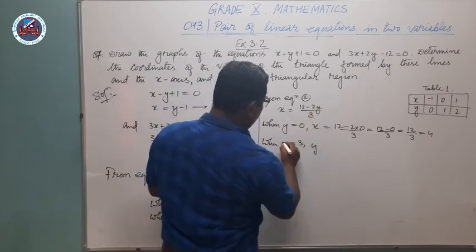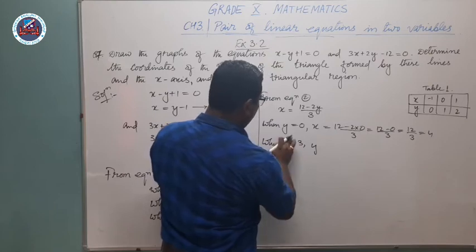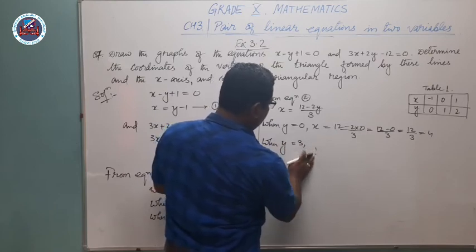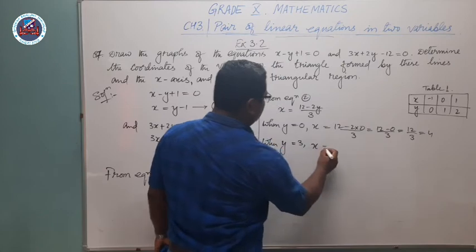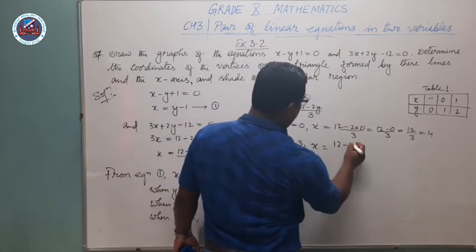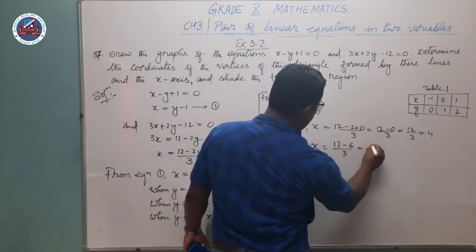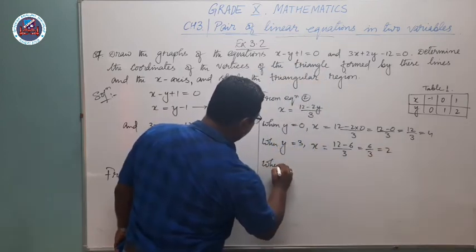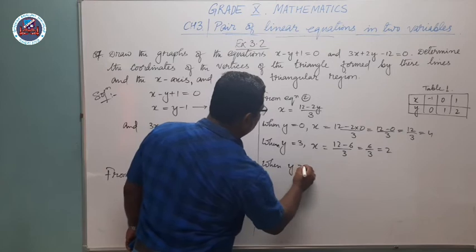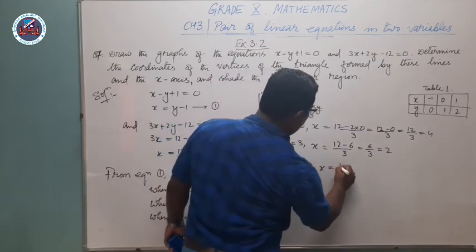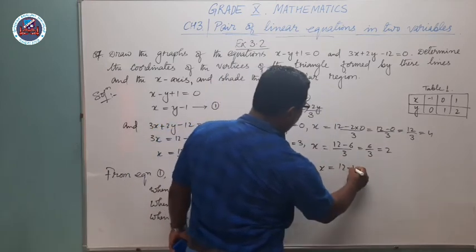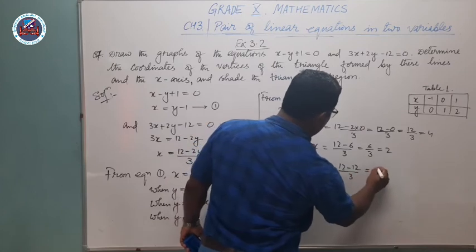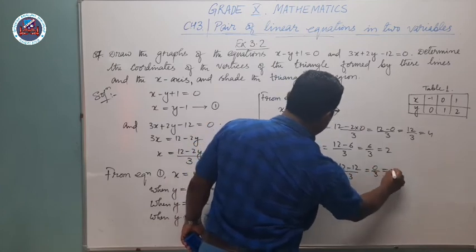Now y we are taking as 3. Then we are getting the value of x: 12 minus 2 threes are 6, by 3, you will get 2. And then when y is equal to 6, x is equal to 12 minus 6 twos are 12, divided by 3, it is 0 divided by 3, you get 0.